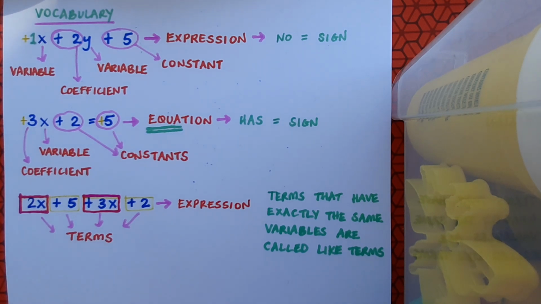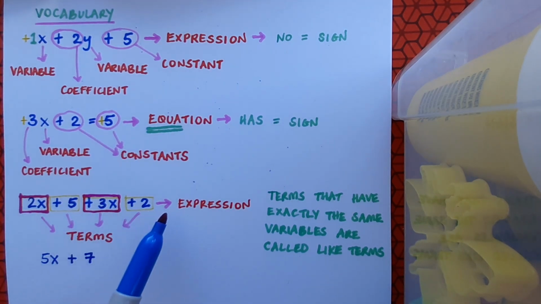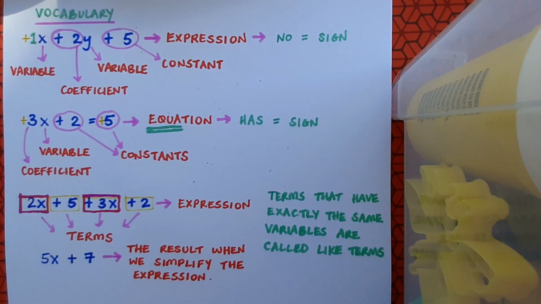To do this, I simply add or subtract, depending on the question, their coefficients. Here I'm adding because I'm told it's 2 plus 3. This gives me 5x. I can also put the constants plus 5 and plus 2 together, and I know that plus 5 plus 2 just makes plus 7. So essentially I've been able to tidy up this expression into a slightly shorter version, 5x plus 7. It's still the same information, but I've managed to simplify it.